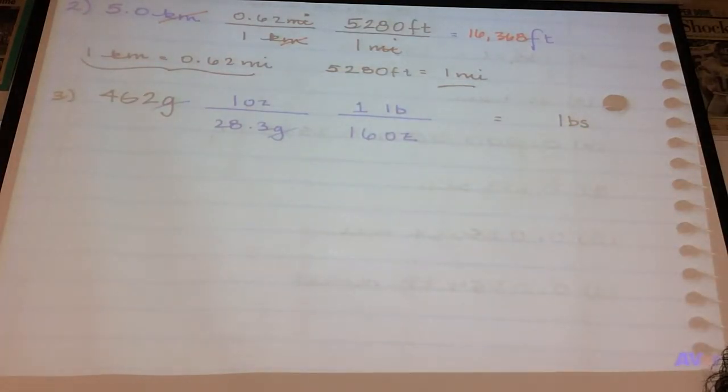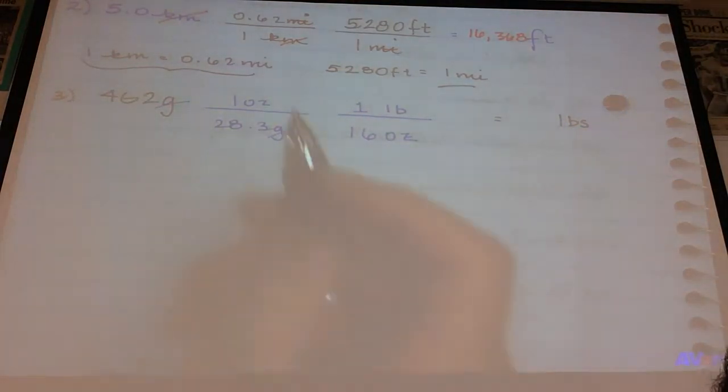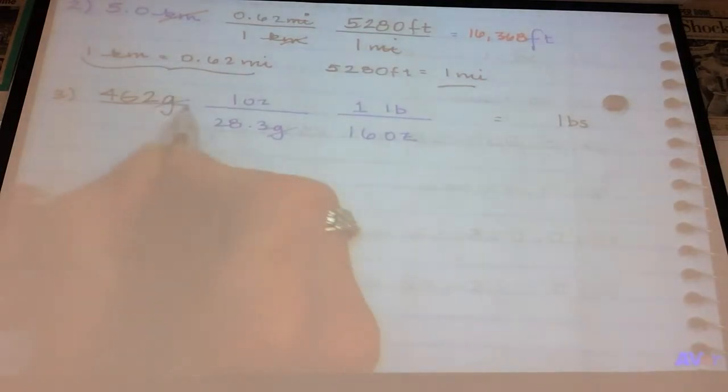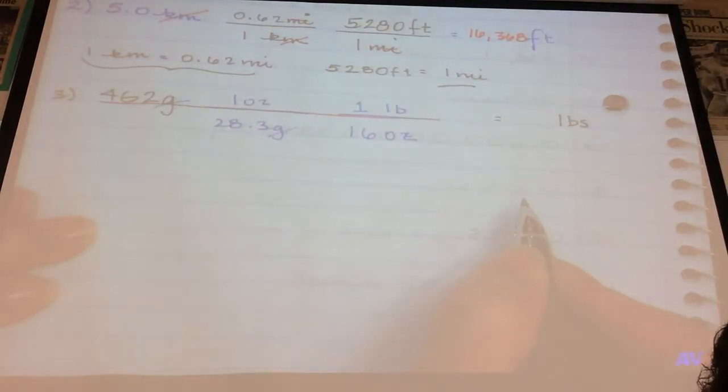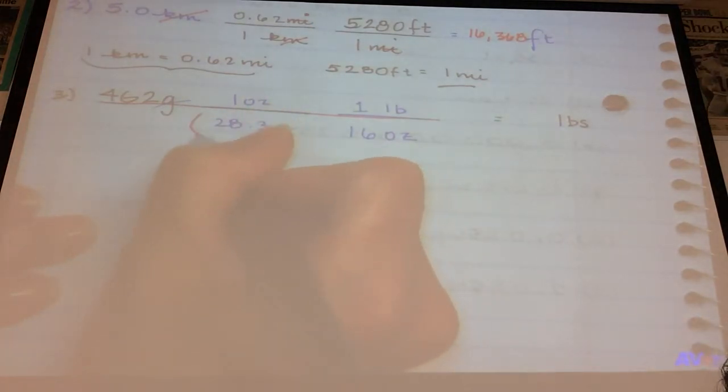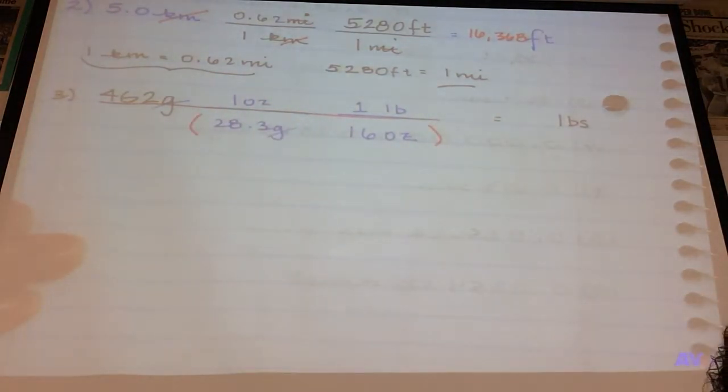Now the only other thing I want to really point out here is keep in mind this is like one big fraction, but if you have more than one quantity in the denominator, you're going to have to parenthesis it off in your calculator, otherwise you may make a calculation error.